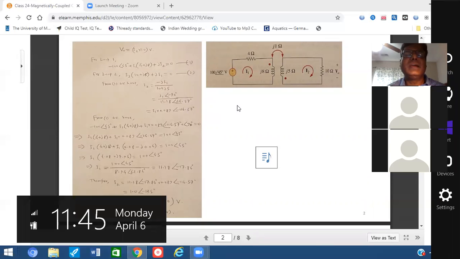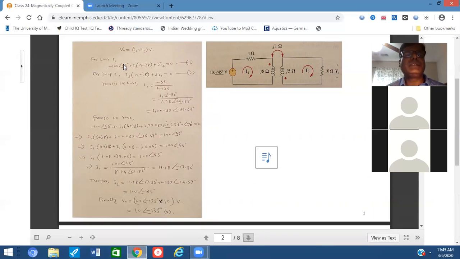First of all, for loop one, you see the left side loop in the circuit. There is a voltage source, 100 at an angle of 45 degrees. Because that is a voltage source, minus to plus, the current I1 is flowing clockwise through the 4 ohm resistance, plus minus, through the j8 ohm, plus minus.